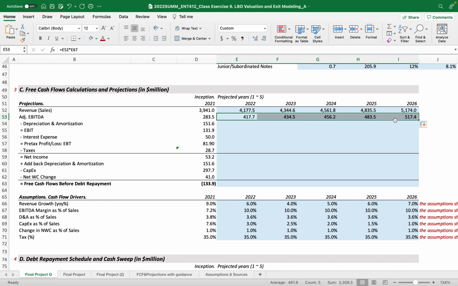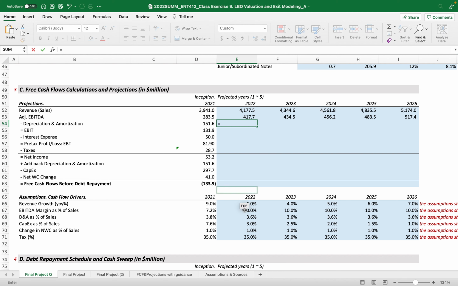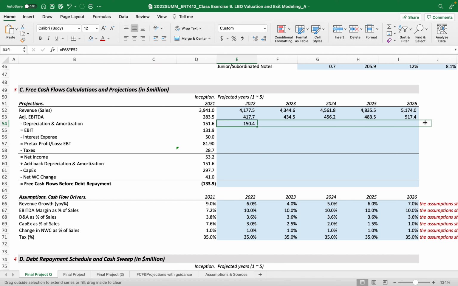Then the depreciation and amortization is also a percentage of sales, in the same way. So the depreciation and amortization is also increasing because the revenue is increasing. Then we have the EBIT.